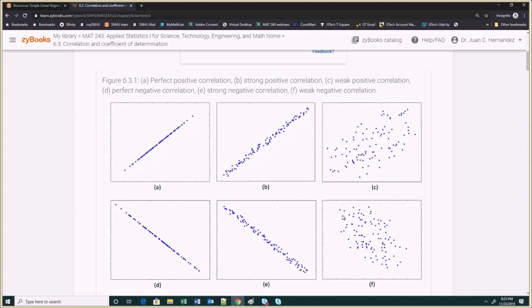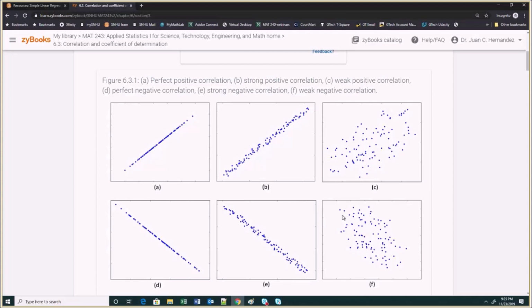If you look at graph B, you notice that the error size increases. So the correlation in that example will be a moderate positive correlation. And then in the case of C, it is a very weak correlation because all the points are widely spread apart.